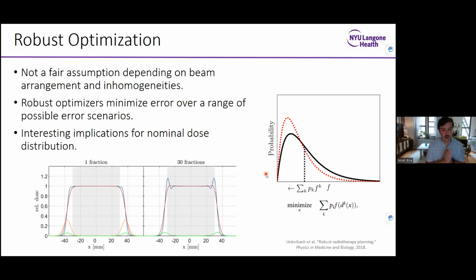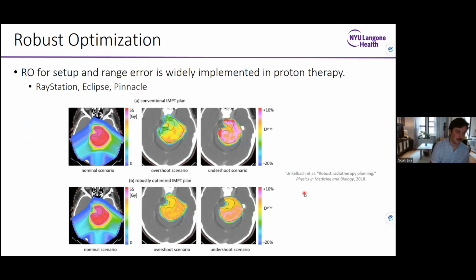And so what our robust optimizers try to do at every iteration, rather than just optimizing with respect to a single objective function, is to push this distribution of objective functions, or potentially the maximum score objective function, closer to 0. And I think this is a really exciting idea, and has some potentially interesting implications for the nominal dose distributions. And I'll leave everybody to do their own research, but I'm very excited about it.